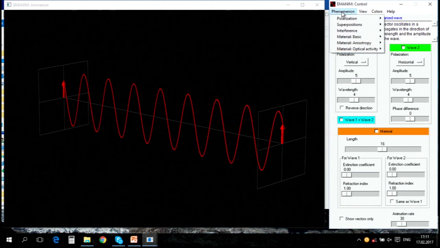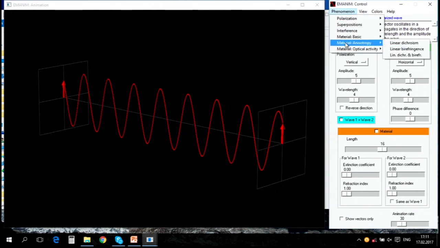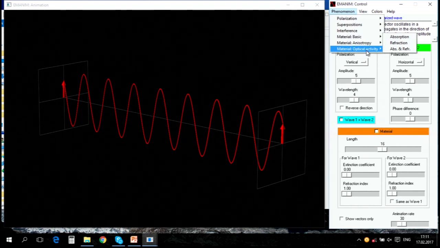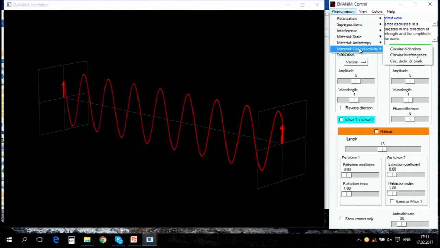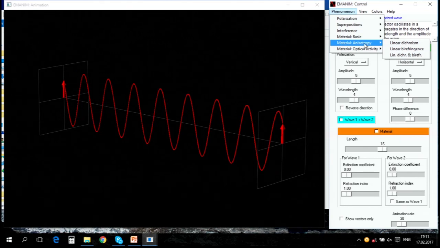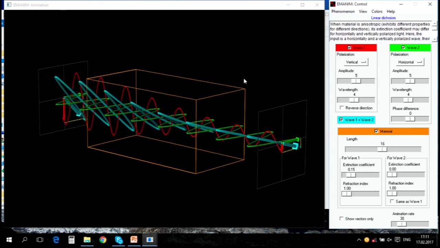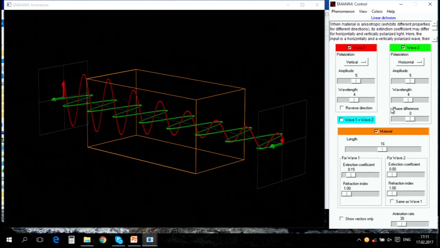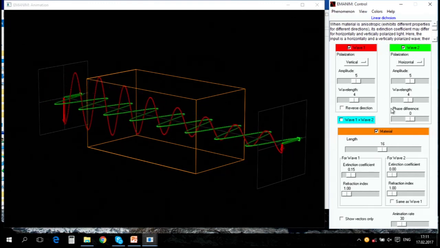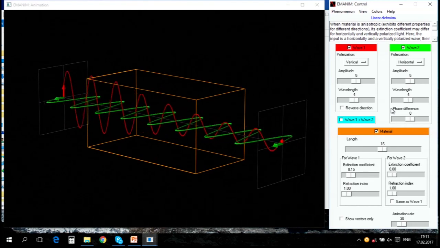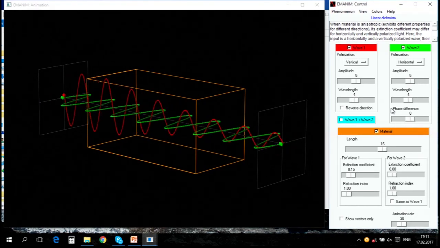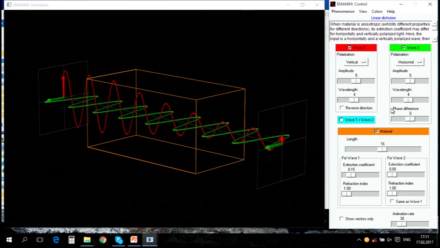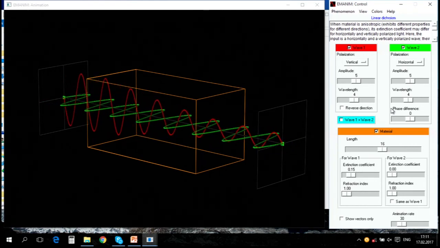Just look at the phenomenon. We start with linear birefringence and linear dichroism. What about linear dichroism? You can see that the absorption of the red oscillation is much more than, for example, for the green one.